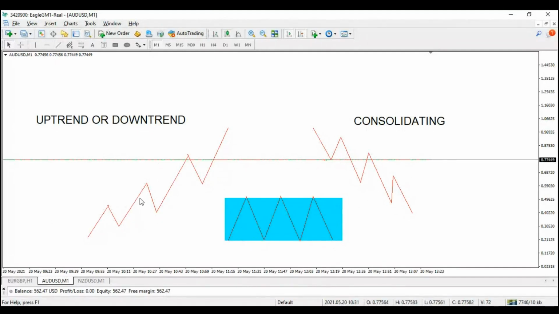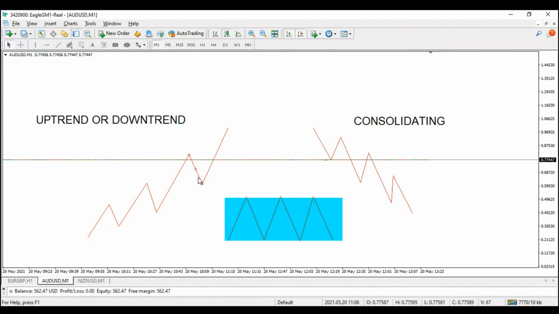Now, this is just a diagrammatic expression. It won't come picture perfect this way on a chart. It's never picture perfect on the chart, I'm calling your attention to that. It will create higher highs and higher lows, or lower highs and lower lows, or just highs and lows, but it will never be picture perfect this way.